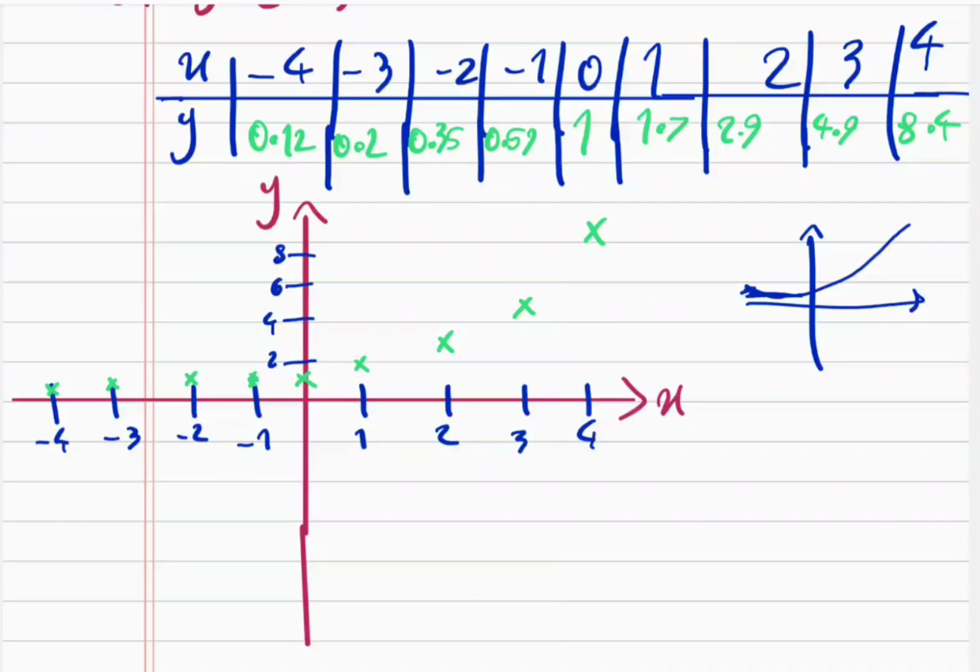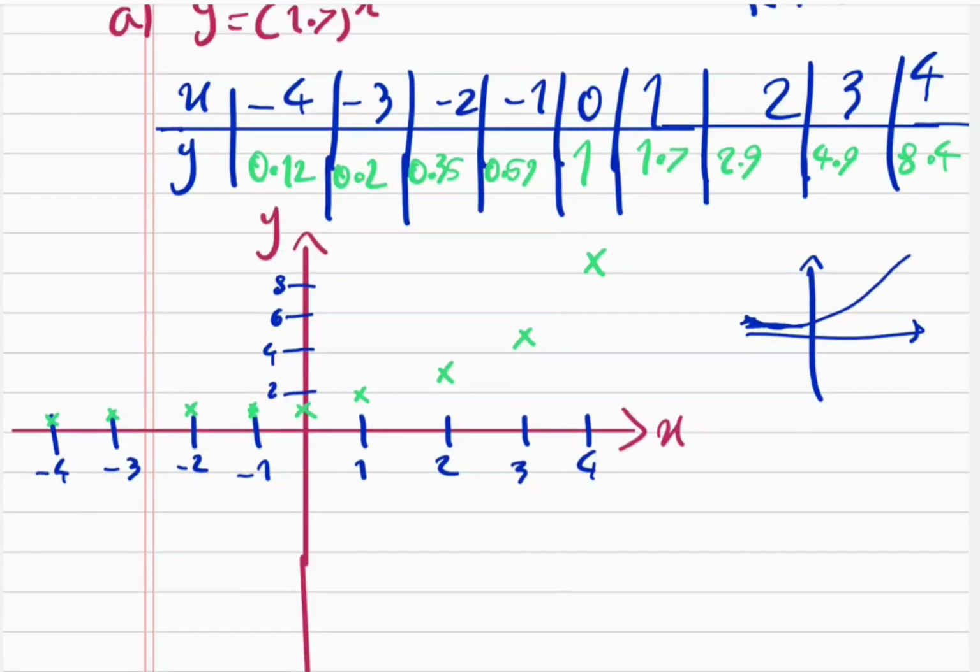It doesn't hit 0 exactly, but as x gets more and more negative, the y coordinate gets smaller and smaller and approaches 0. So if we join these, it's going to be something like this.